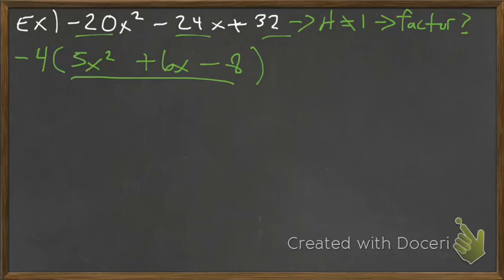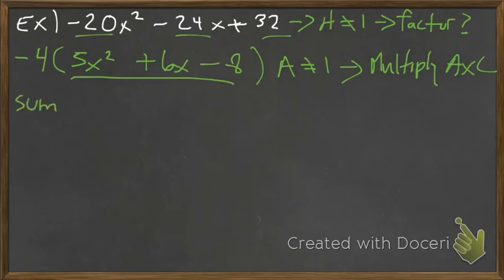I still don't have a equaling 1, right? A does not equal 1. Therefore, I must multiply A by C. Alright, so if I write that out, I'll end up with sum, positive 6, product, I'll write this out, 5 multiplied by negative 8 equals negative 40.